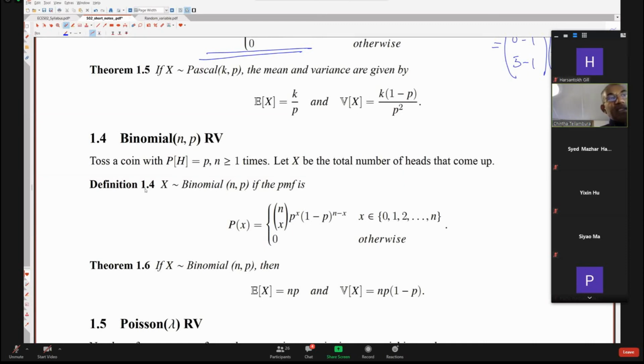In this case, we repeat our experiment a fixed number of times.